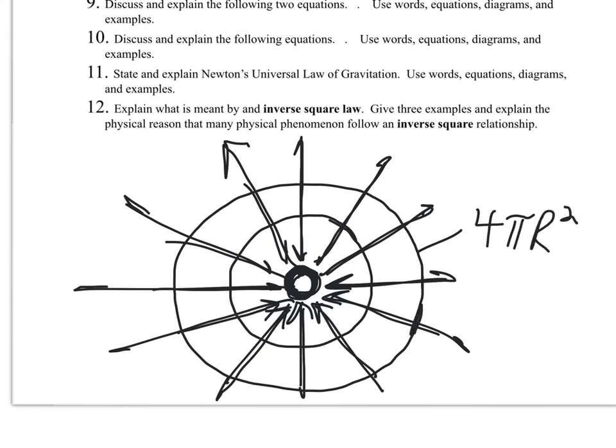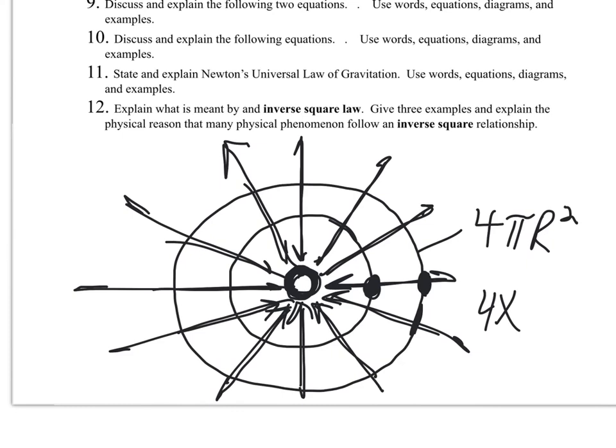So the outer sphere has 4 times more surface area, and so the same light is spread out over an area that's 4 times bigger. Clearly it's going to be 4 times weaker. So if you put a light meter here and measure the intensity of light and you move twice as far away, you will find that the intensity of the light is 4 times weaker.